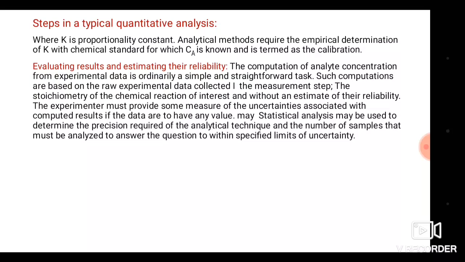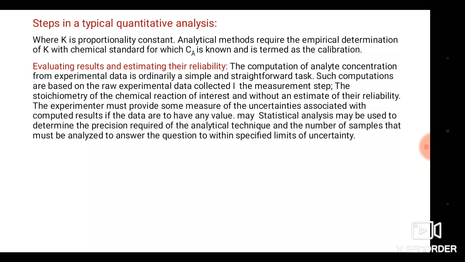The measurement steps, the stoichiometry of the chemical reaction of interest, and without an estimate of their reliability, the data have little value, so the experimenter must provide some measure of the uncertainties associated with the computed results. Statistical analysis may be used to determine the precision required of the analytical techniques and the number of samples that must be analyzed to answer the question within the specified limit of uncertainty.